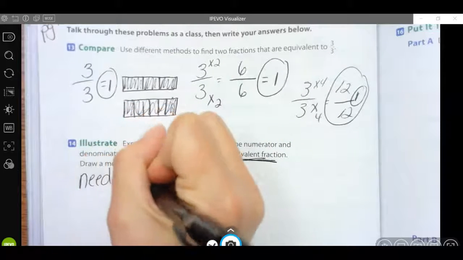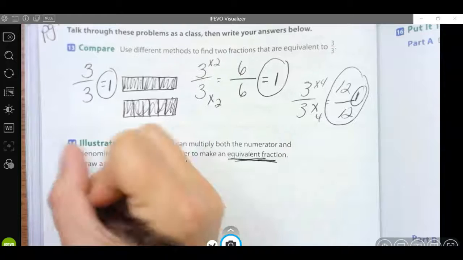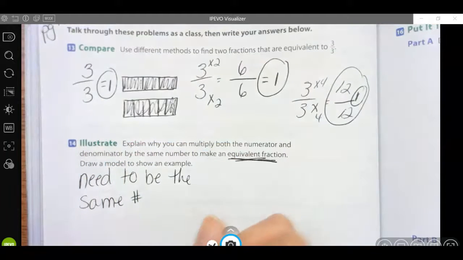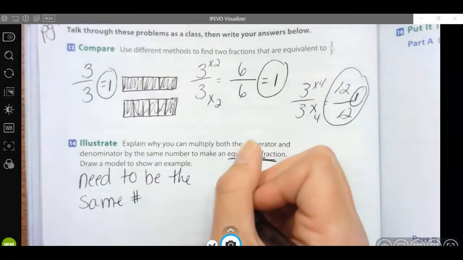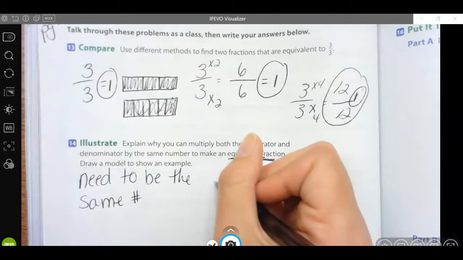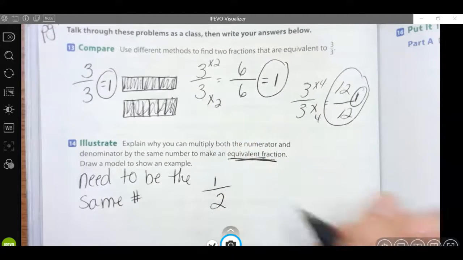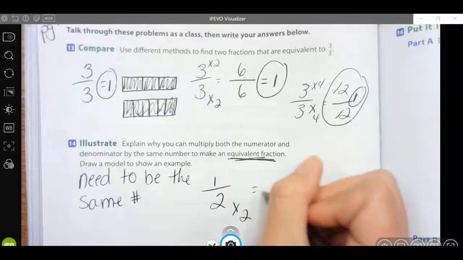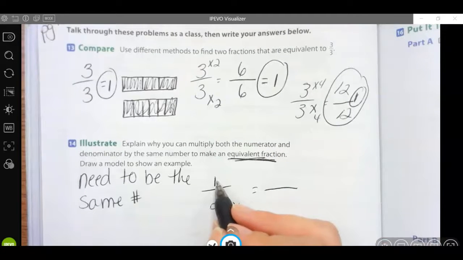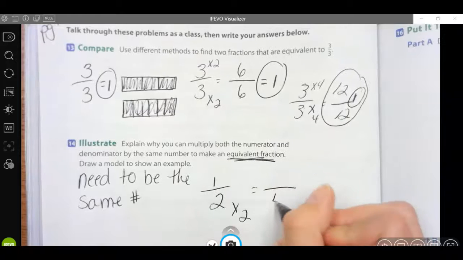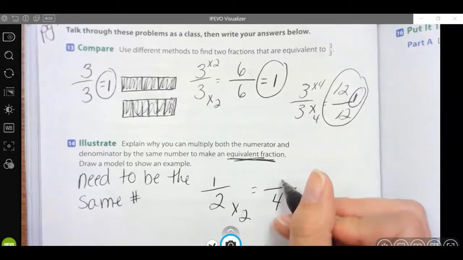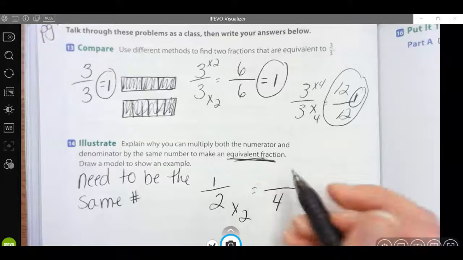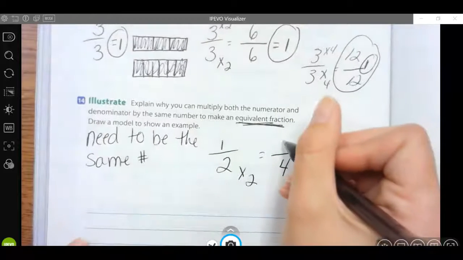Need to be the same number, right, to find an equal fraction, because let's say you had 1/2 and you multiplied this by 2. If you didn't do anything with the top, and you put 4 here and you kept 1 here, 1/4 is less than 1/2, right? So here, I'll draw it for you.